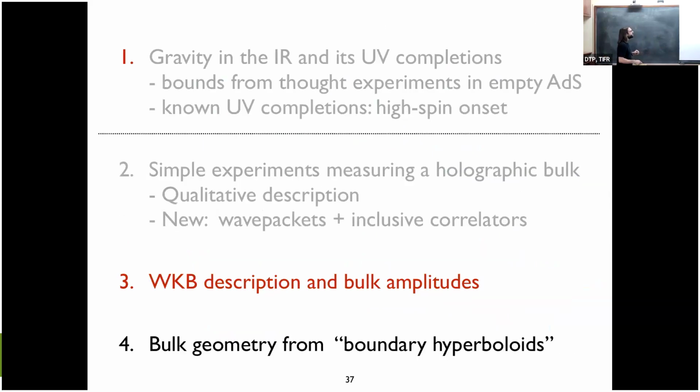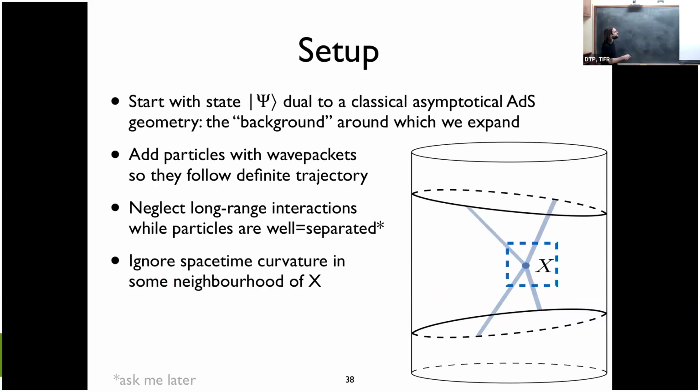So what we came up with, the new thing we've added, is a WKB description of this type. It's not a bulk calculation. We assume that we have some bulk state that is due to some classical geometry in a simple AdS background. And then we add particles on top of this background. They follow different trajectories, and we're going to neglect long-range interaction between these particles.